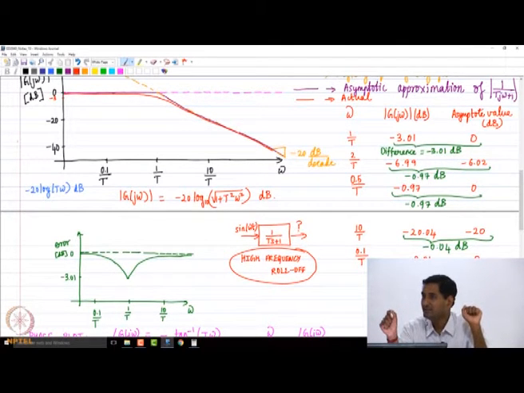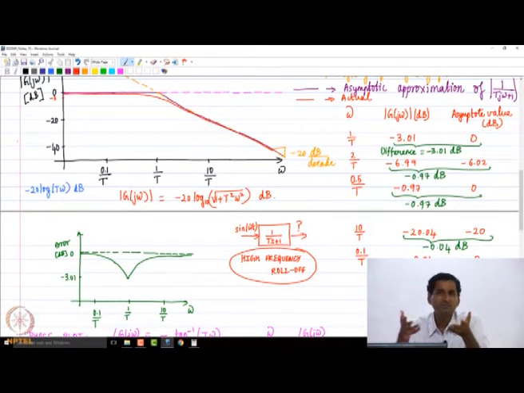I immediately know that T is equal to 0.1 by comparing with this. So what's going to be 1 by T? 10. So the cutoff frequency is going to be 10 radians per second. So the bandwidth of that actuator is going to be 10 radians per second. So you can immediately talk about bandwidth and cutoff frequencies once you have this structure.